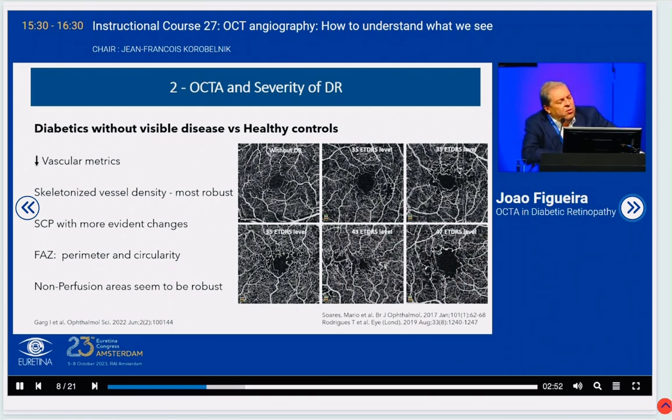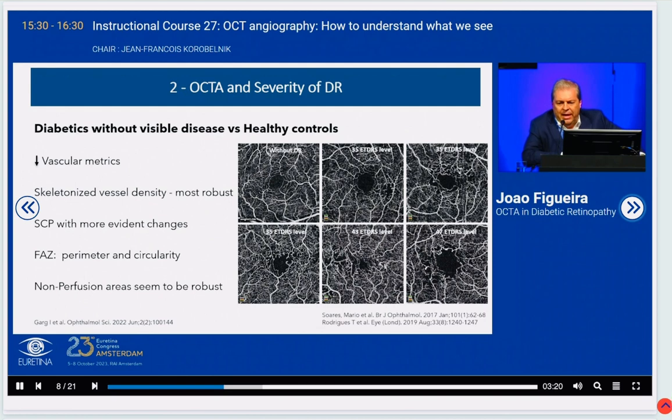The reduction of these vascular metrics is important at different stages. For instance, in the more initial stages, the skeletonized vessel density seems to be a robust metric to evaluate those patients, especially in the superficial capillary plexus. And regarding the foveal avascular zone, the perimeter and circularity seem to be more important than the area.